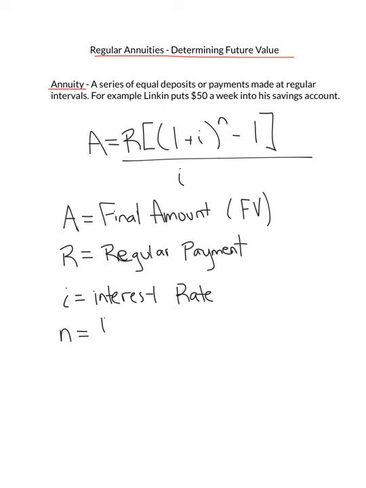And our N is still our number of deposits. Before it was the number of times something was compounded, but it's calculated the exact same way: years times that magic number.